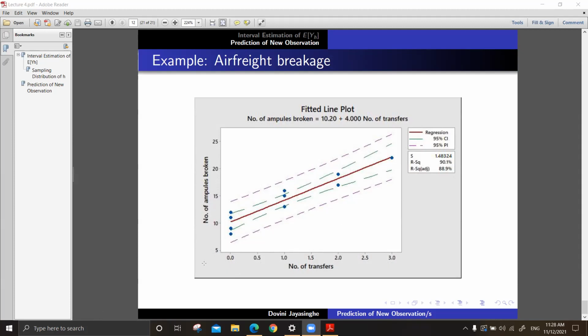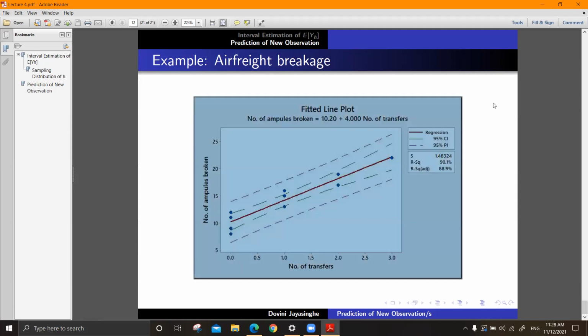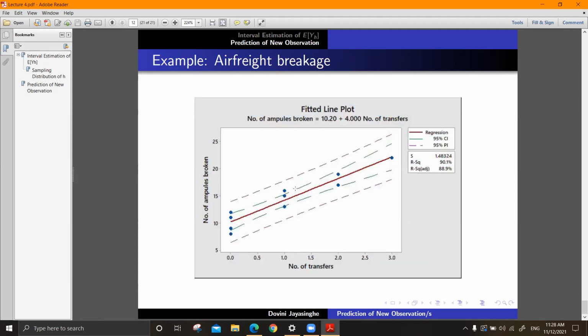The number of broken ampules is on the y-axis, and the number of transfers is on the x-axis. So this is the regression model, and they have constructed the line. What I want to show you here is that this confidence band is narrower than the prediction band.